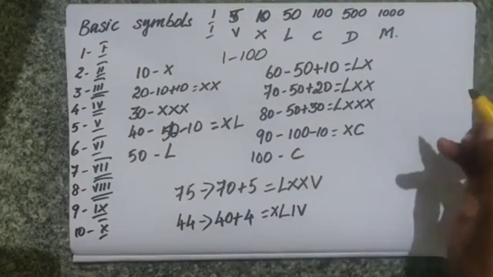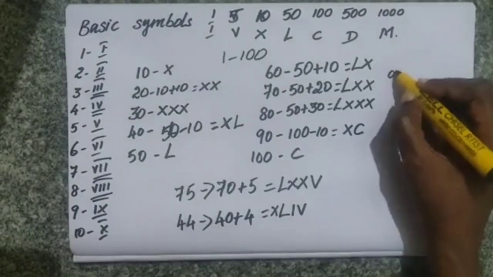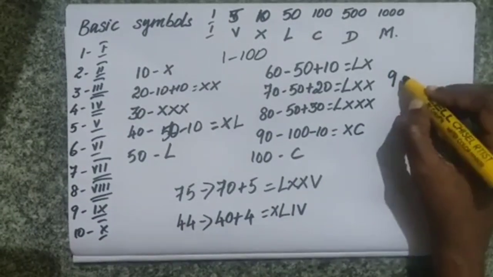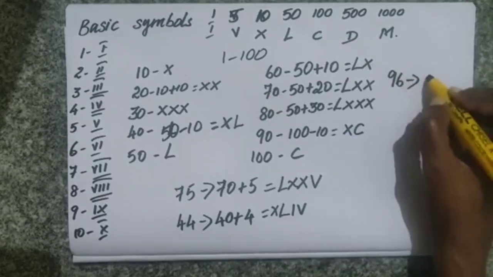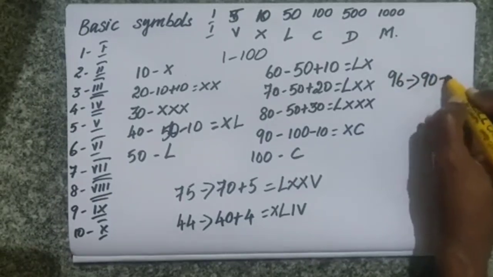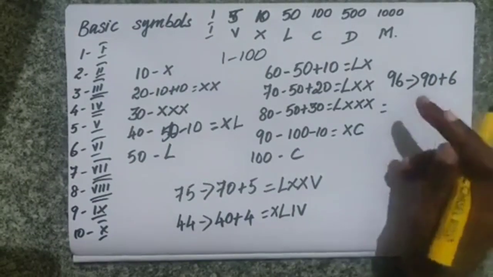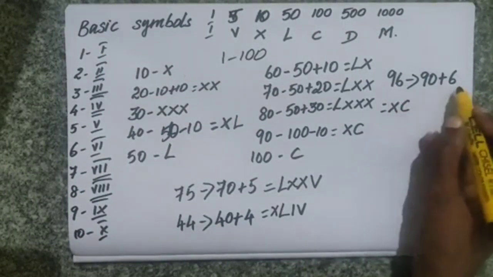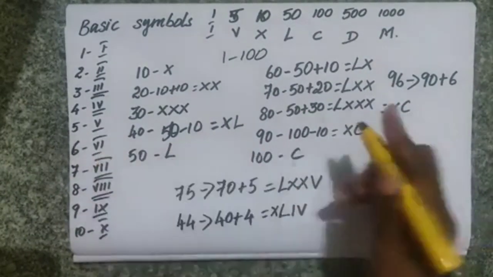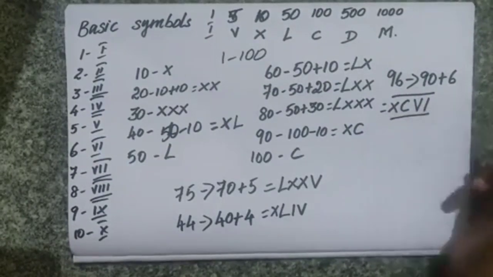Now one more example I will give. 96. So 96, how can we write? 90 plus 6. For 90 the Roman numeral is XC. And for 6 the Roman numeral is V and I. So this is the way we write 96.